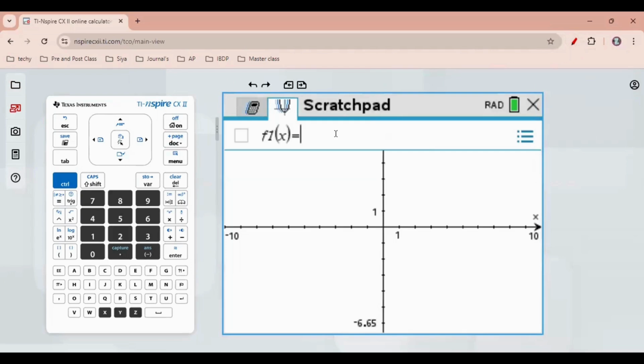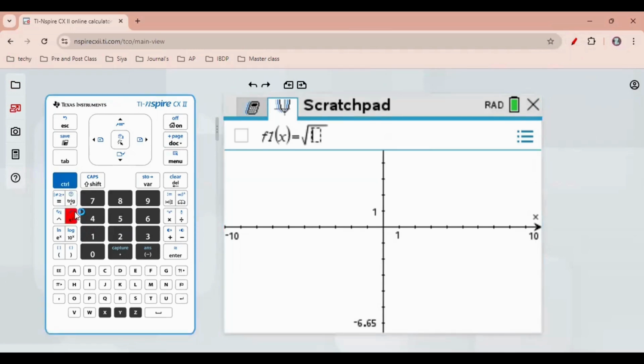Okay, so let's type the function. It is the square root of, based on r, let us treat it as a square root function here. Control and root, so that is a square root. Inside, we have 2x minus 4 the whole square.